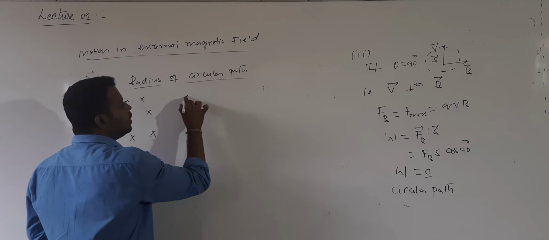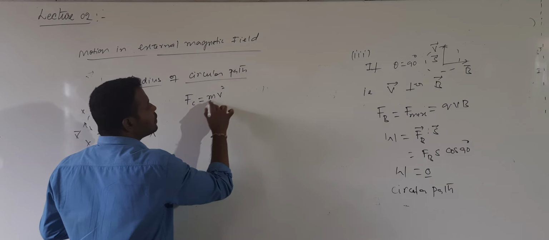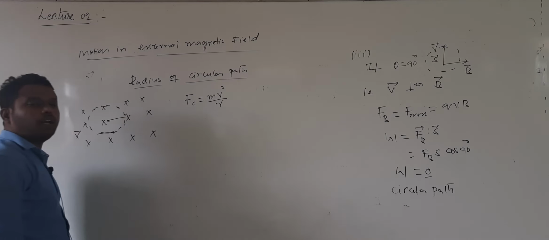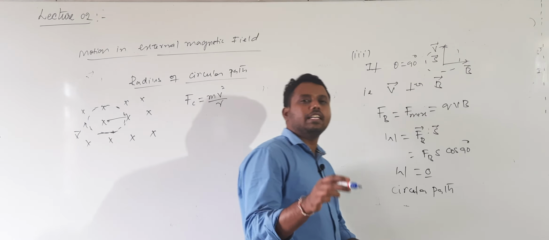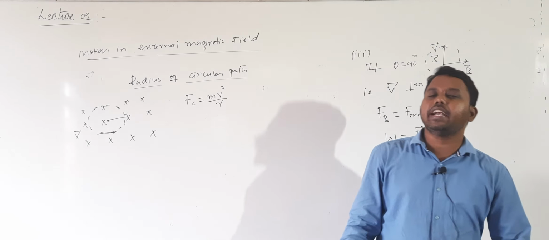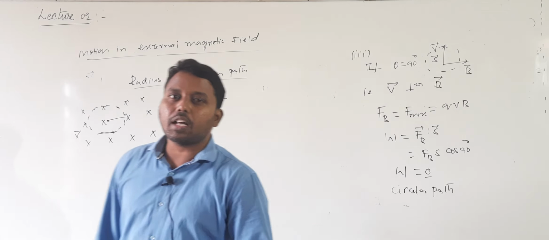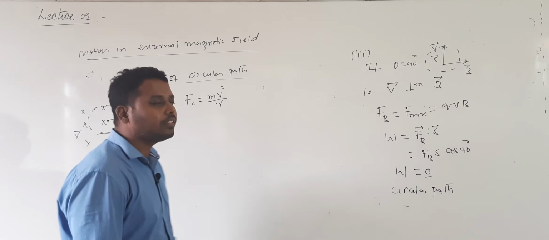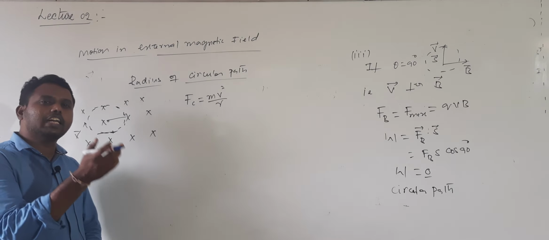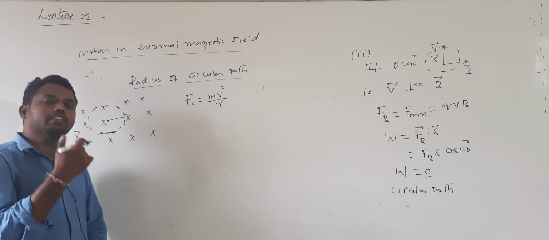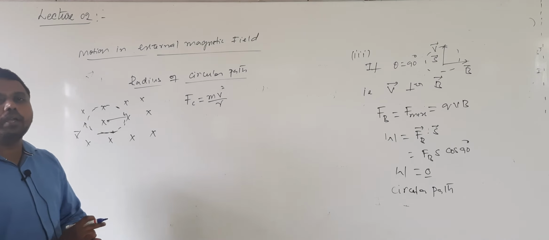You know that for a particle to move in a circular path, it needs a centripetal force, which is m v square by r, for a particle of mass m moving with velocity v in a circular path of radius r. That you know. For any particle to move in a circular path, a centripetal force needs to be provided.